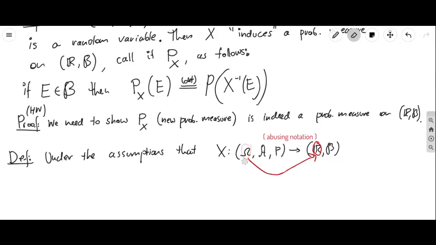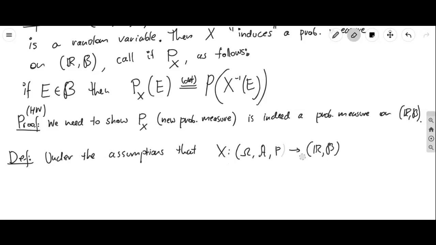We're assuming this is not just a mapping from a sample space to the real line, but that it also respects the sigma algebras. In other words, if you pick something in here, it gets pulled back to something here. And then you're also assuming that you have a probability measure on this. I just do not want to write all of that out, so we use abusive notation to denote that, and we understand from context what we mean. It's a shorthand for saying you have a mapping from here to here that respects the sigma algebras and all that.